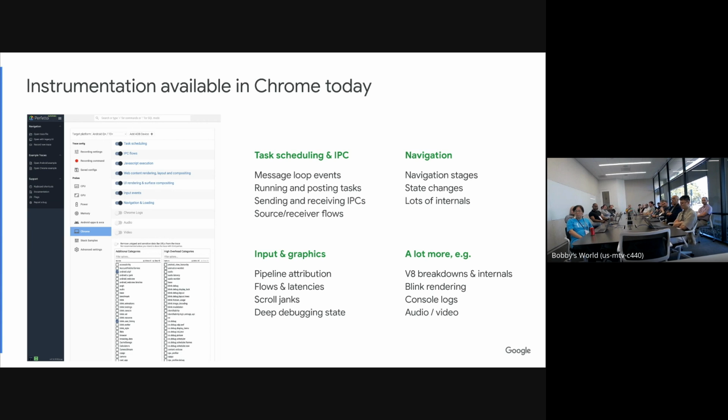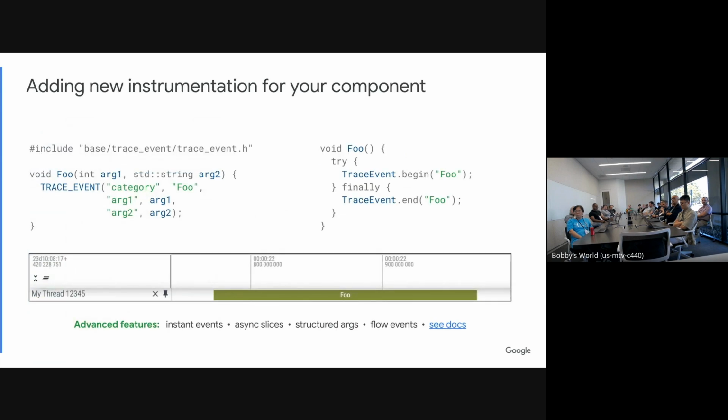So that's what's available today. If you want to instrument your own code, you can get started with quite simple mechanisms. You have scoped events that effectively just create a begin of a slice that lasts until the trace event goes out of scope. That's why they call them scoped trace events.